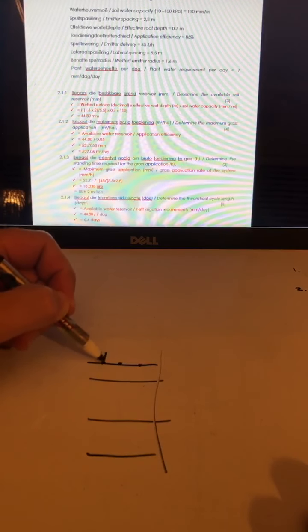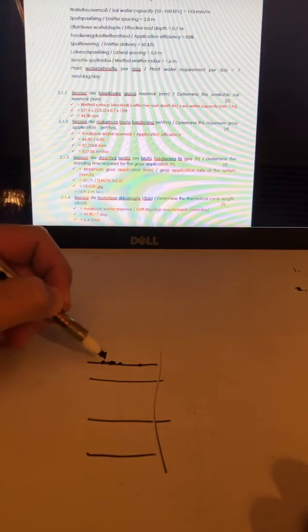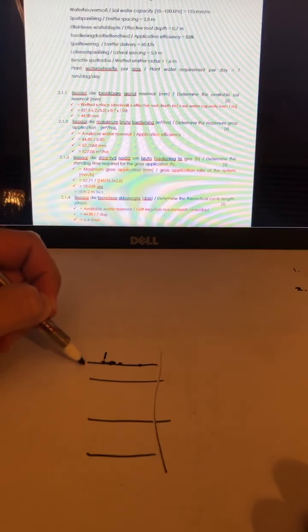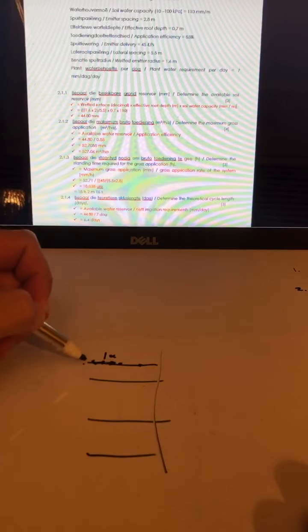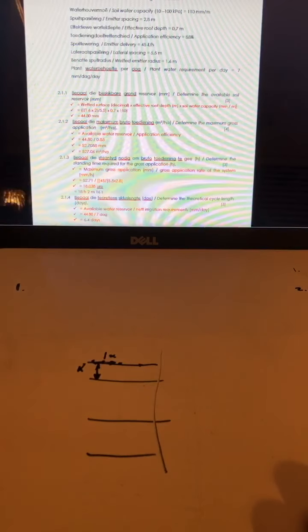The radius used by the emitter is multiplied by 2, so you've got both sides, and then divided by your lateral spacing.